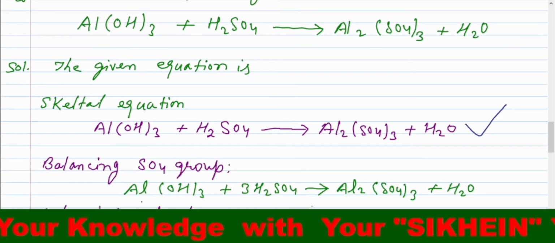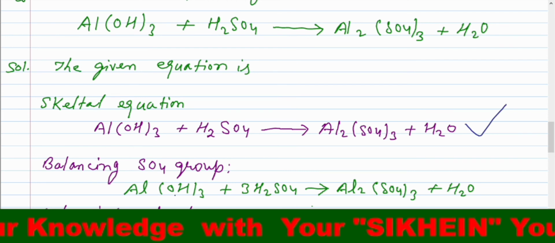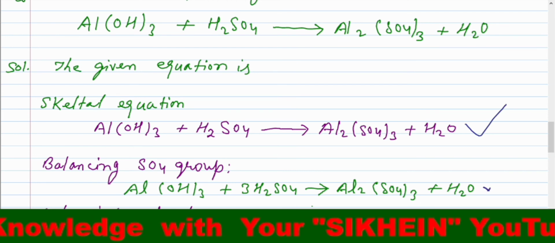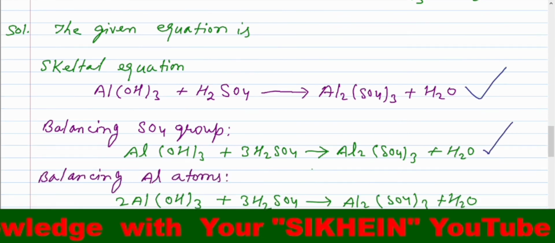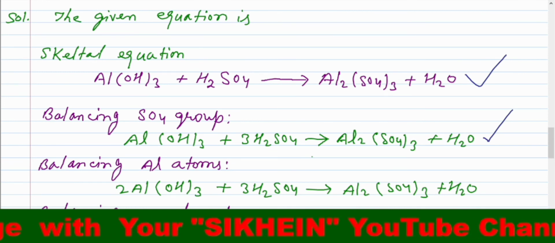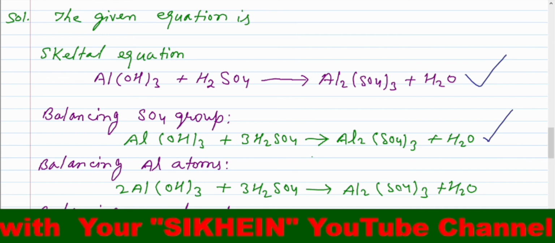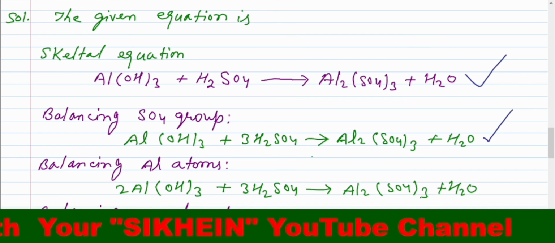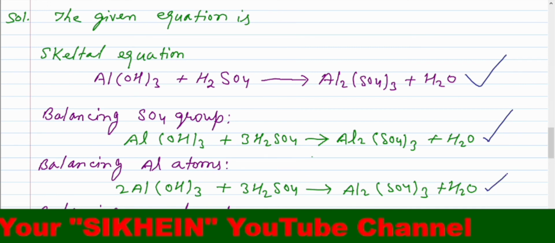Then balancing the sulfate group, that is the equation you see here, which is displayed on the screen. After that, you balance aluminum atoms on both sides, left and right. We get this chemical equation.